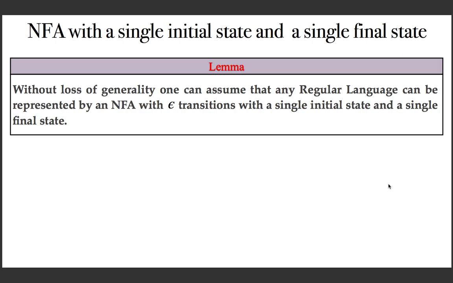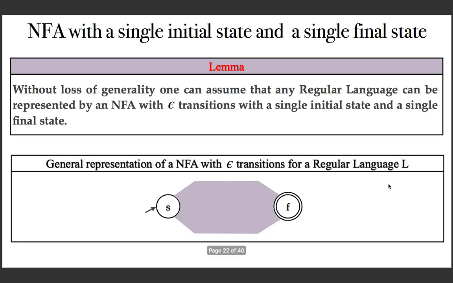So this tells us that a regular language can be represented by an NFA like this. Given the language is regular means there exists an NFA with a single initial state and a single final state for accepting the language. And the other part of the NFA is not visible.